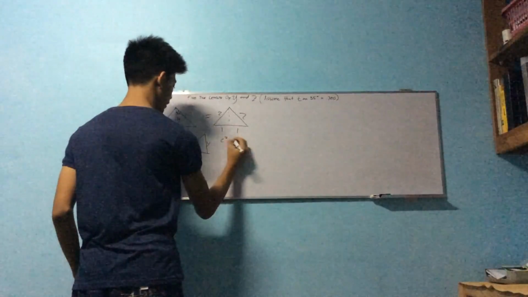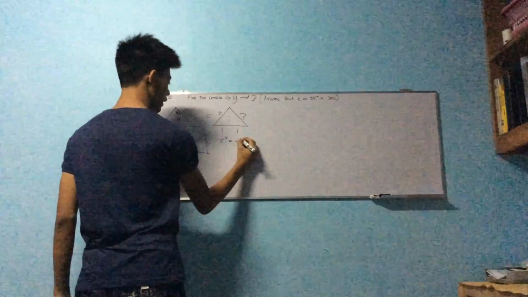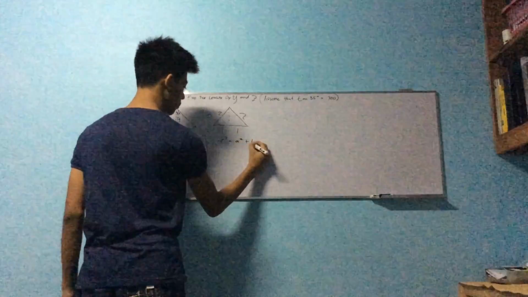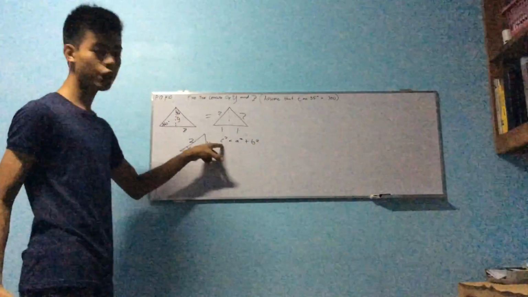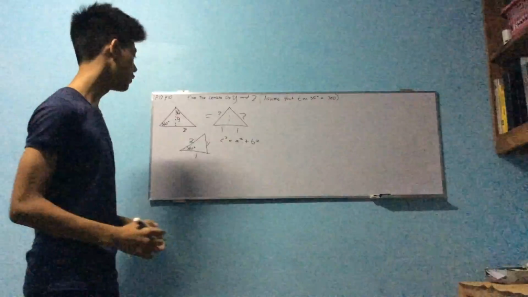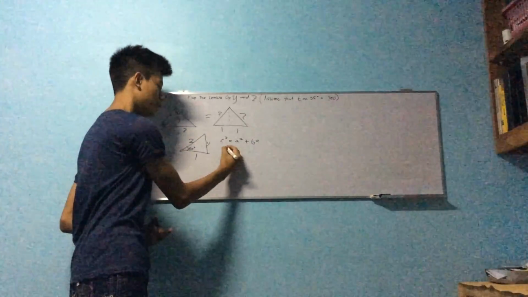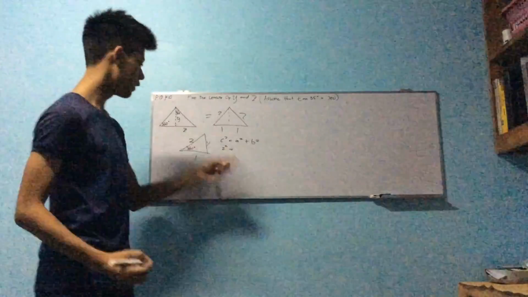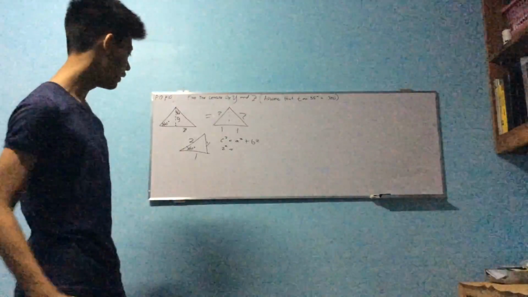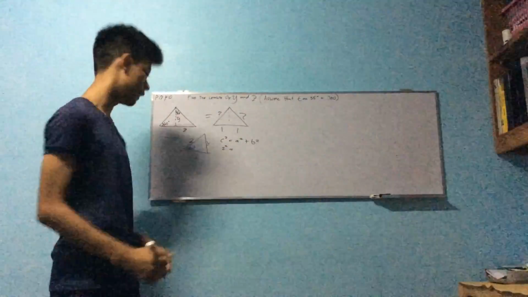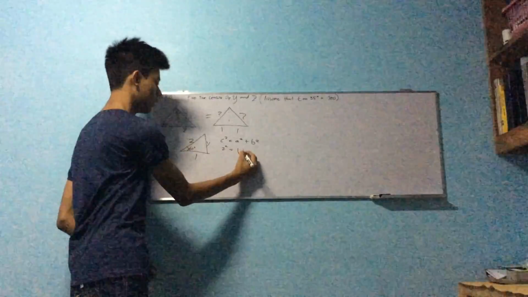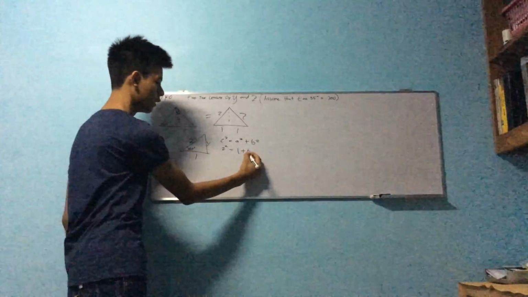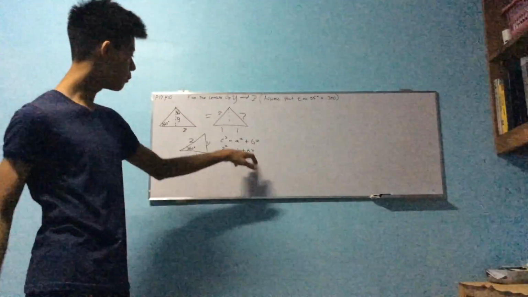So it is c squared is equal to a squared plus b squared. C squared being the hypotenuse of 2 squared, and we can assign a or b to any side, so we'll just use a as 1 plus b squared, assuming that b squared is y.